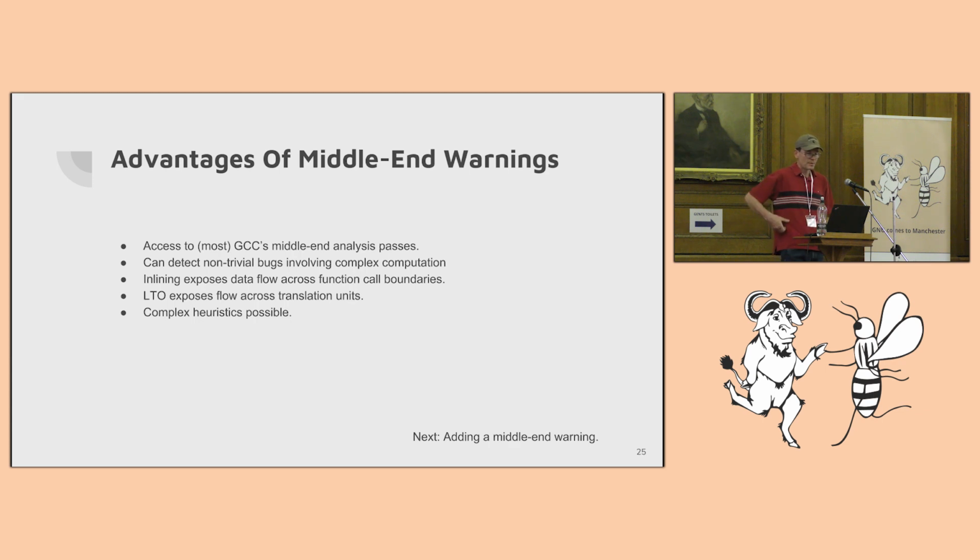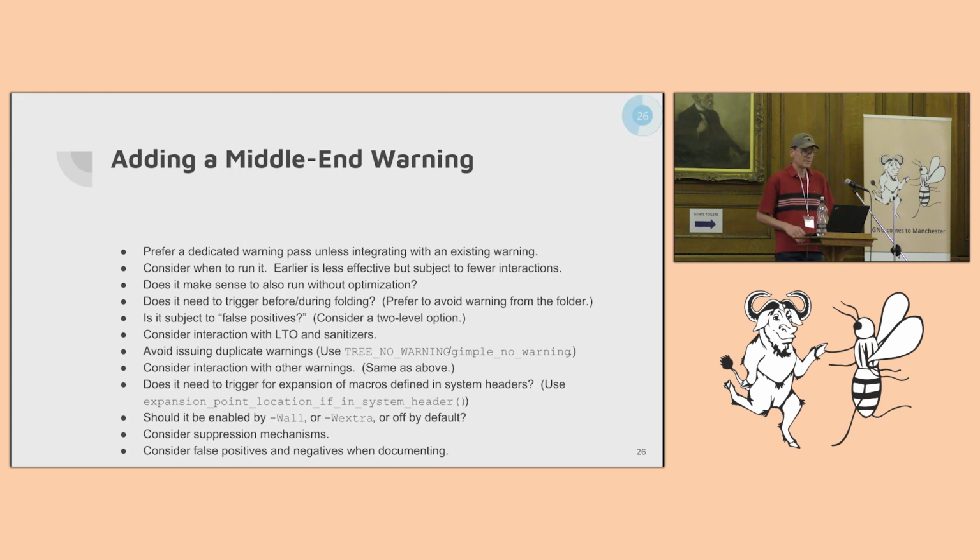The big advantage from a user standpoint is that middle end warnings can detect non-trivial bugs involving a complex computation that spans multiple statements, loops, inline functions, crosses function boundaries, and with LTO crosses translation unit boundaries. So for the middle end warnings, very complex heuristics are possible, which are obviously not possible, as we said, in the front end.